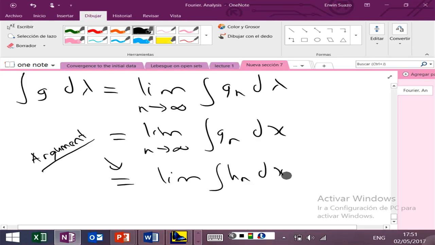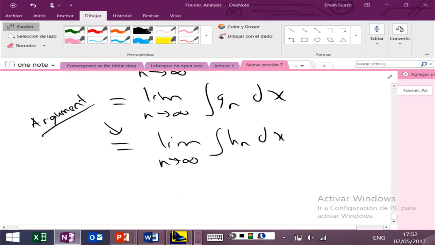When you have a Riemann integral, you take the upper sum or the lower sum, and the limit is going to be the same. That requires some proof for Riemann integrals, but we don't have time to do it. But this is going to be the same, because they are step functions, they agree.